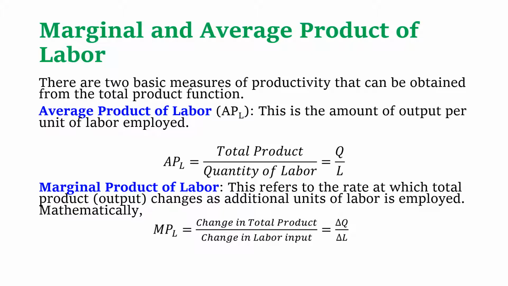That is, APL is equal to total product over quantity of labor, Q over L. Later in the lecture, we are going to look at how this measure is used.